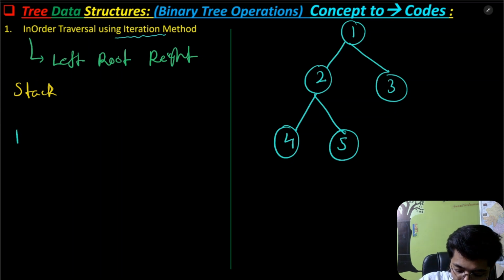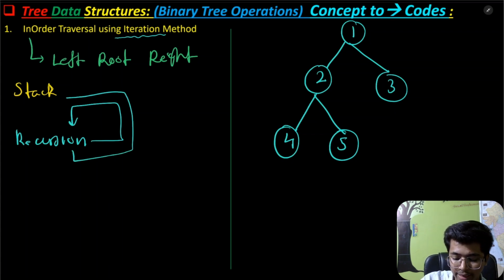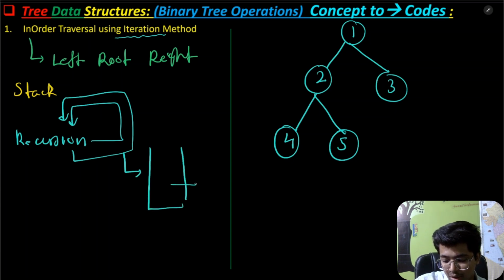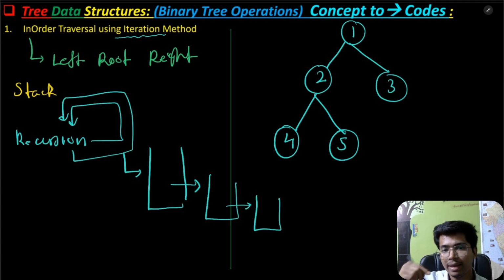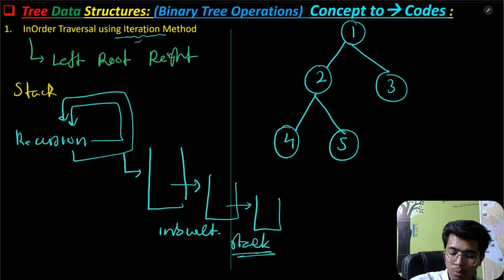When we use recursion, it keeps calling the same function again, and it also maintains a stack of its own. That is the inbuilt stack of recursion. But when we use the iteration method, we will not have this inbuilt stack. We have to provide our own stack from the outside, so we'll be using a custom stack.